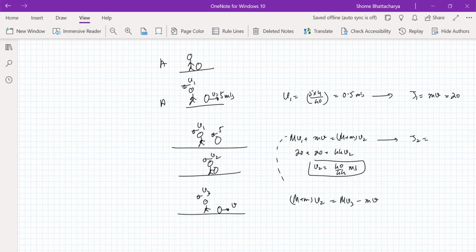Just trying to see what pattern we can see here. From the first one we get capital M V1 is small m v. From the second one we get capital M V2 is equal to 2mv minus mV2. That's not going to make too much sense. The third one, we'll get capital M V3 is equal to... okay, now I'm understanding. Just give me a moment, I'll explain.